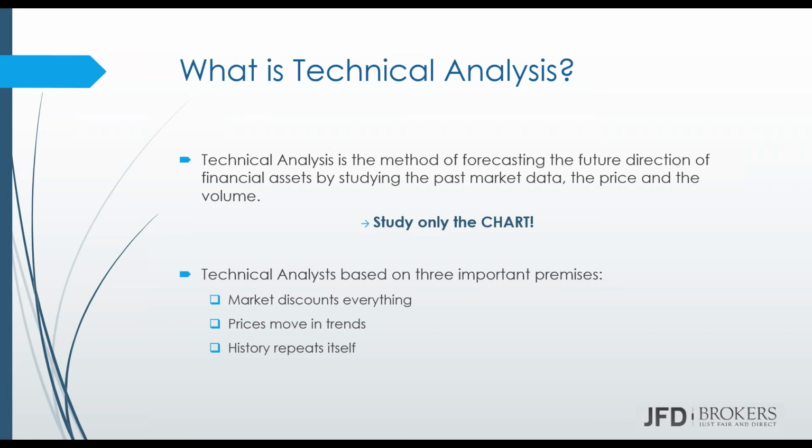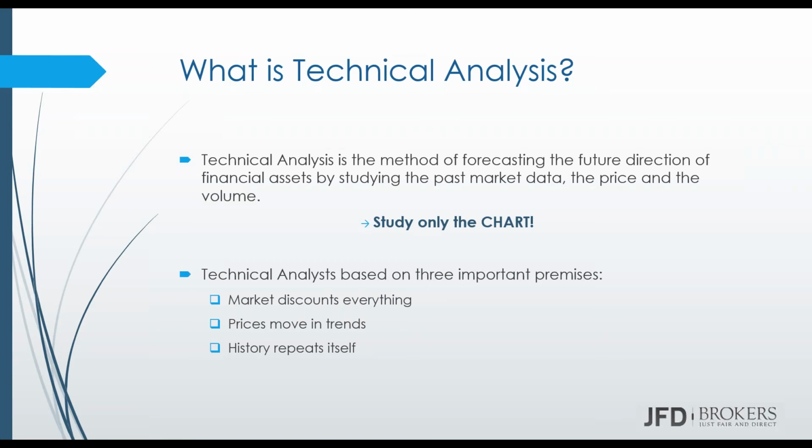Okay, technical analysis is based on three premises. The market discounts everything, prices move in trends, and history repeats itself. Let's take the first one. On the criticism that technical analysts do not take into account any fundamental factors that affect the price of the security, technical analysts stand by saying that the market discounts everything.